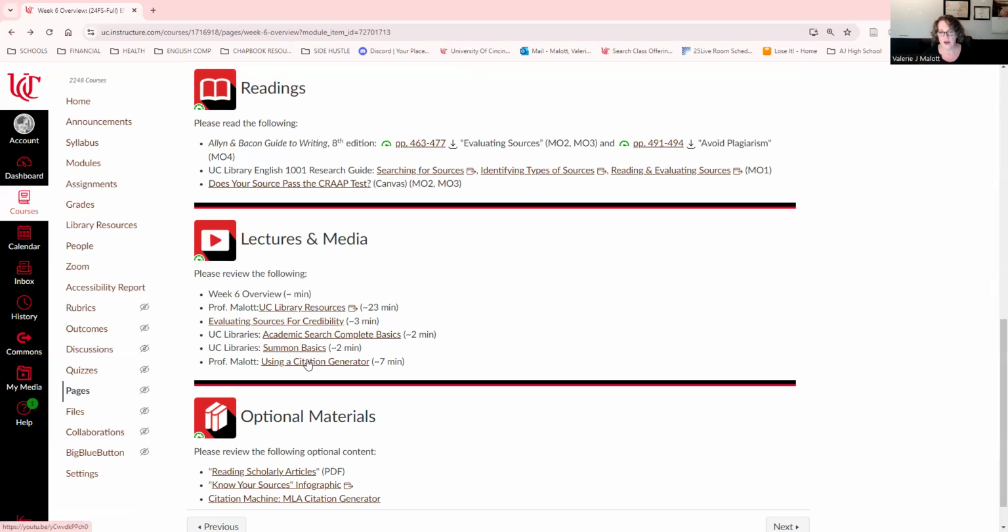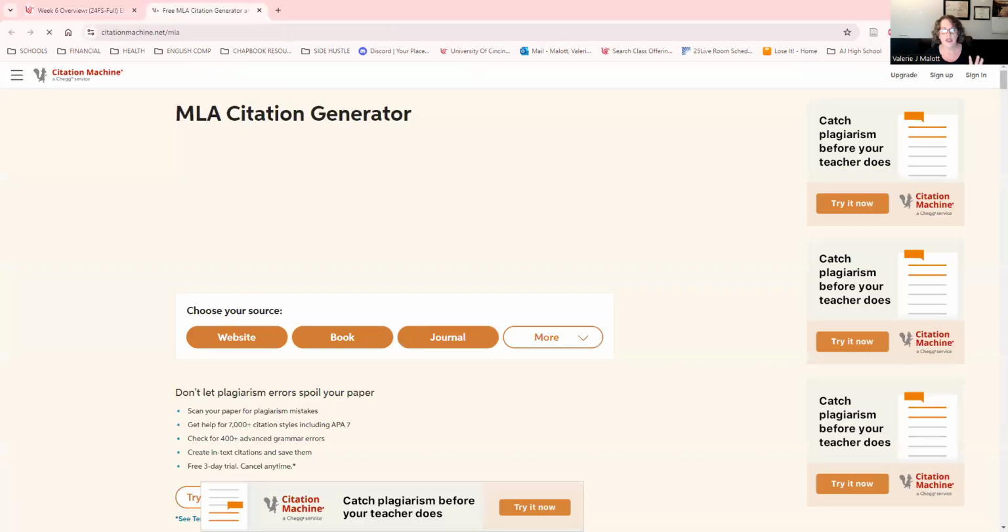And then I also have a video on how to use Citation Machine. It's using a citation generator, but it is specific to Citation Machine. So if you are not familiar with Citation Machine, this is a really helpful tool, and I have a link for it down below in the optional materials. I will click on it.